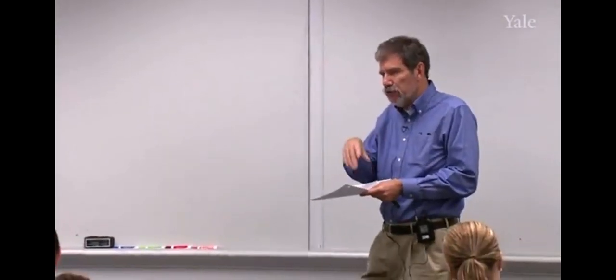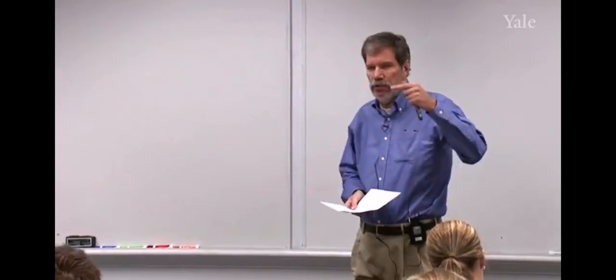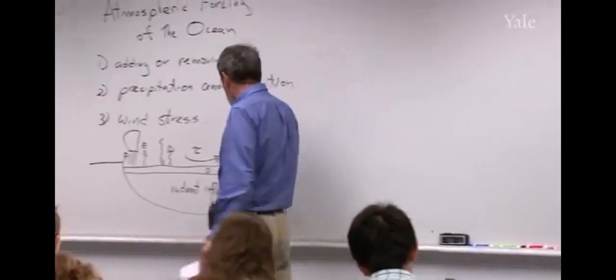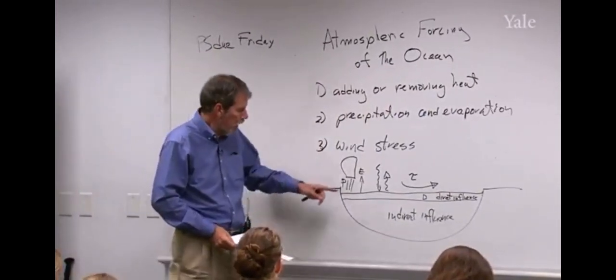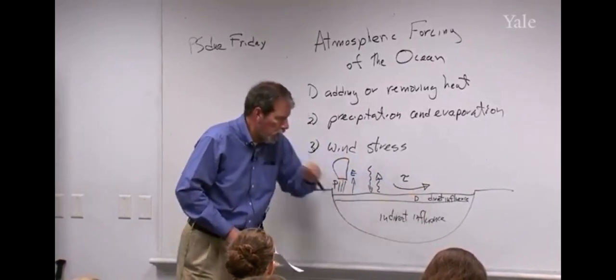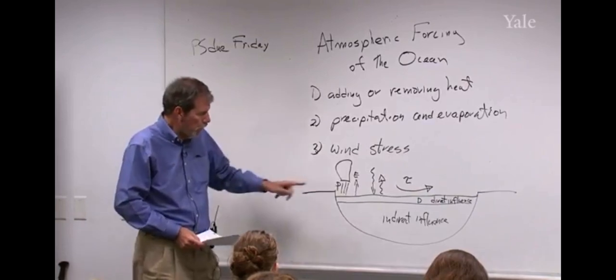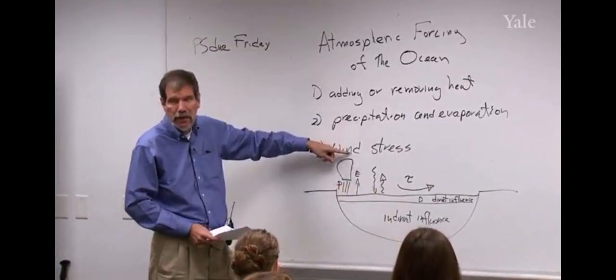Roughly only the first few tens or a couple of hundred meters feels these inputs directly. The rest of the world ocean will feel them, but it'll be an indirect influence. Something coming not directly from the atmospheric input, but something then coming out of this other layer that feels the direct influence. So be aware that I'm making this distinction for all three of these categories of forcing.